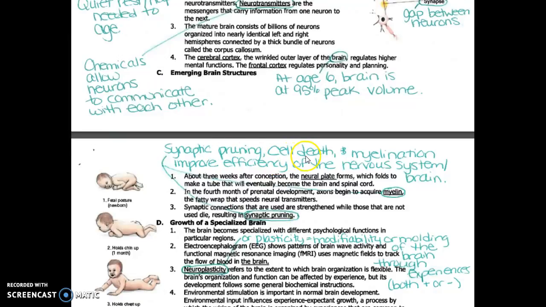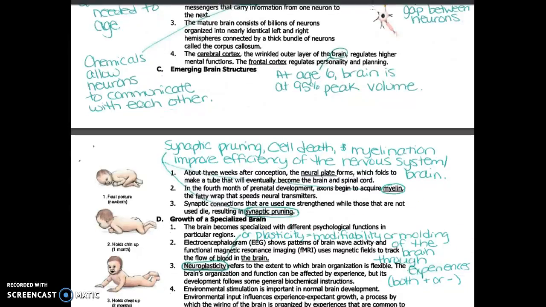So synaptic pruning, cell death, and myelination improve efficiency of the nervous system and brain. But what's a little bit scary about the cell death and synaptic pruning is that if a baby is not being stimulated in the early years, some of these cells are dying off, or some of the synaptic gaps are being pruned away, which can result in later developmental issues.